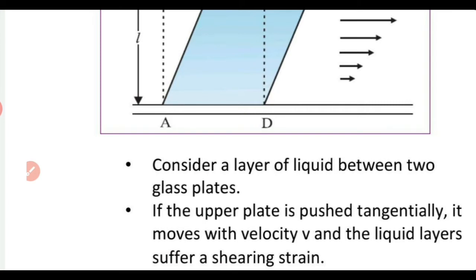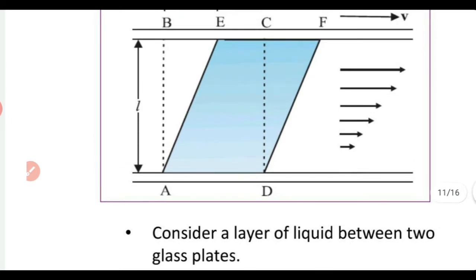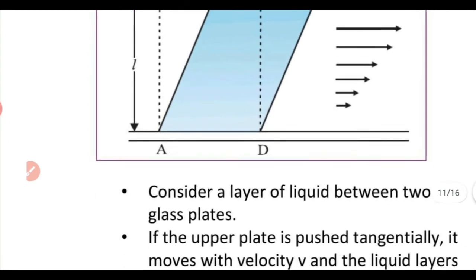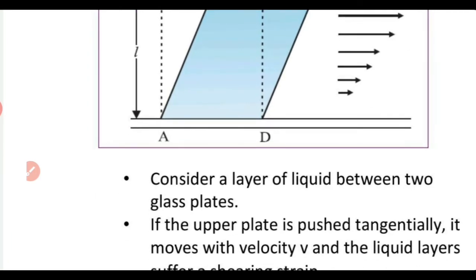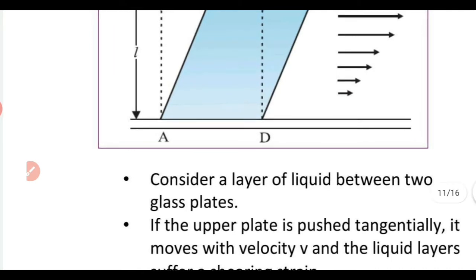In the previous chapter when we discussed strain, one type of strain we did not discuss, that is shearing strain. It was deleted from the syllabus, on account of that we did not discuss it. So shearing strain is the strain which denotes the change in shape.